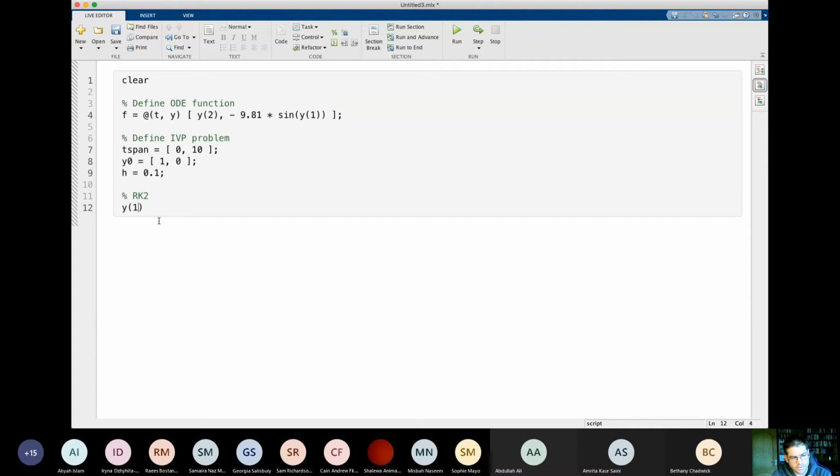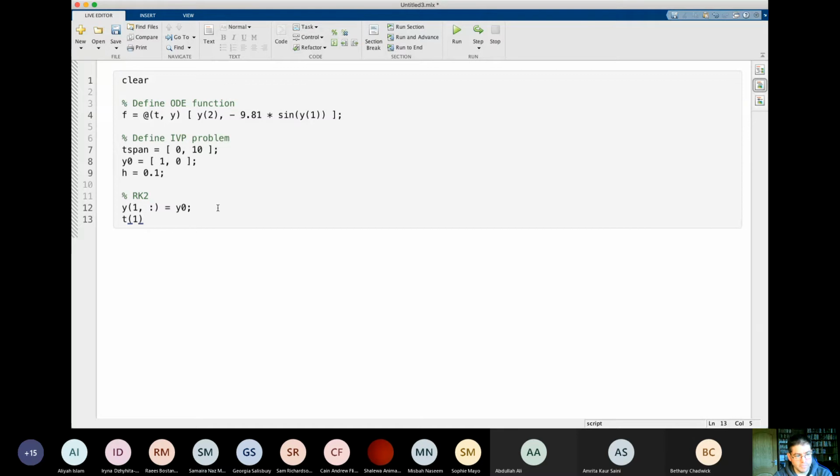So what I'm going to say is my first row is going to be y0. Every row of y is going to be the state of my system at a particular value of t. Before, with a single ODE, we just had that. But because we've got a system of ODEs, the first row is equal to 0, 1.